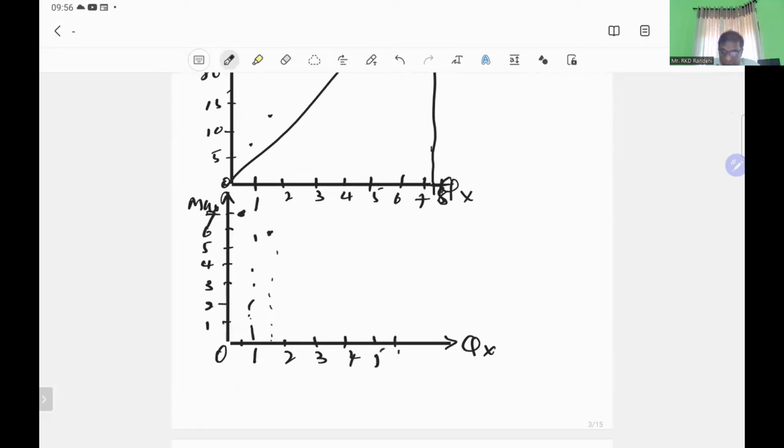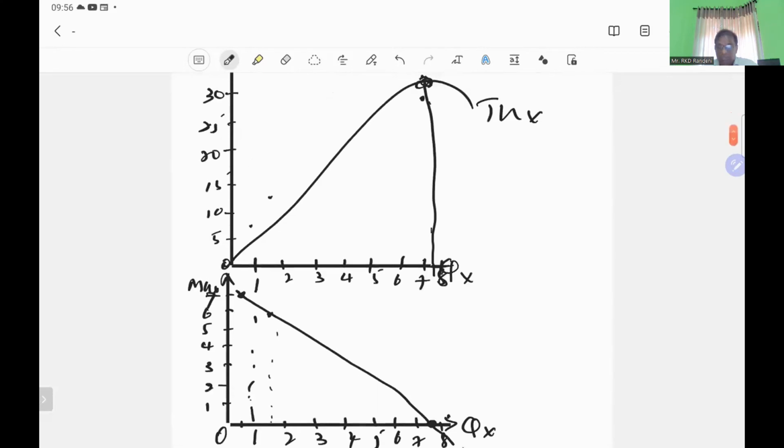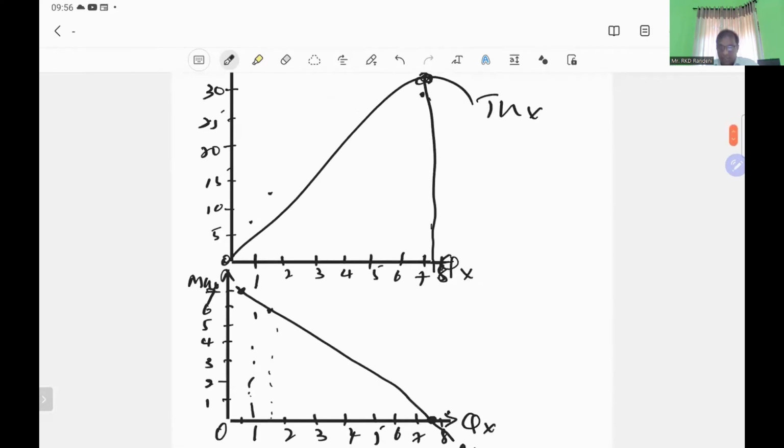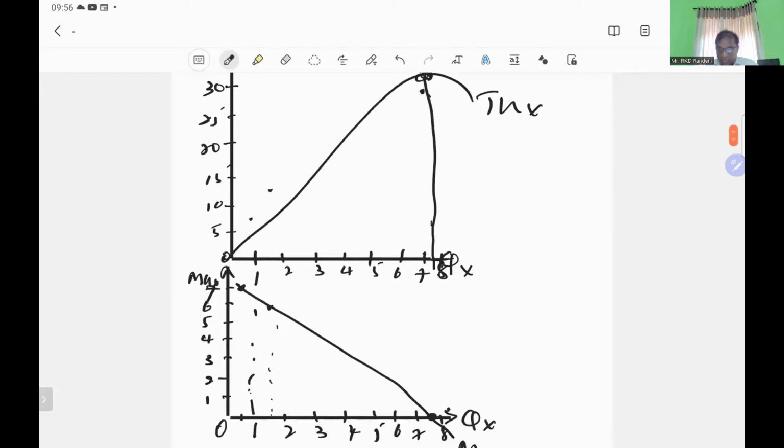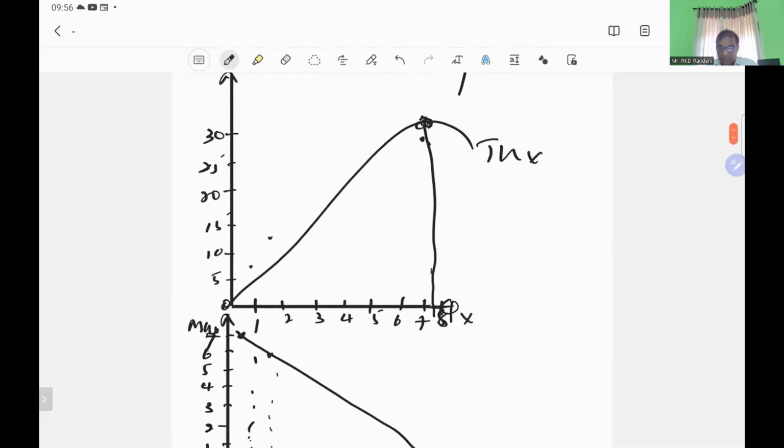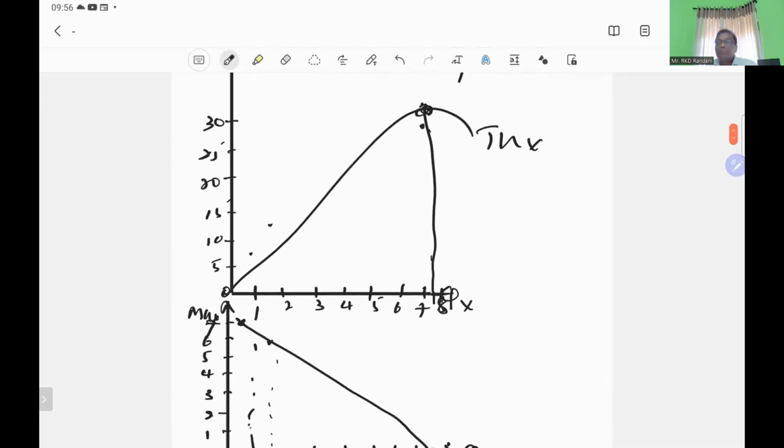Now you can join these points, that is MU. That is a linear curve, left to right downward, a negative slope. Now you can realize the relationship between these two curves.